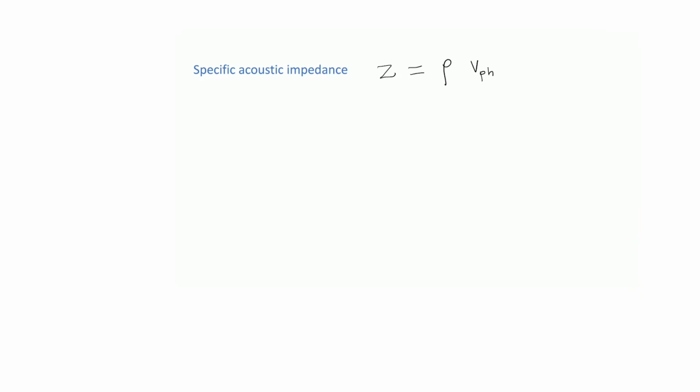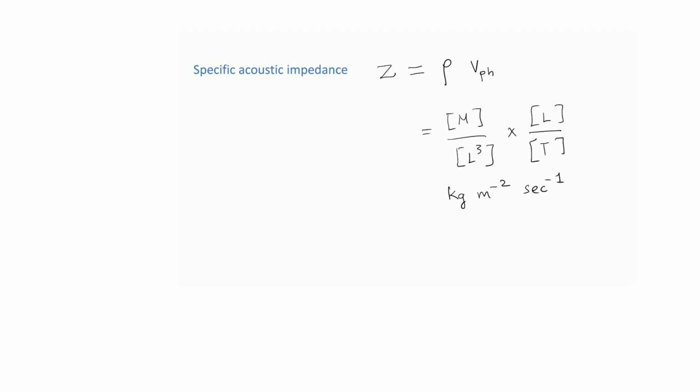Rho is of course the density, so it will have units of mass per unit volume, multiplied by velocity, which will have units of length divided by time. So, in general, specific acoustic impedance has units of kilogram per meter square per second.